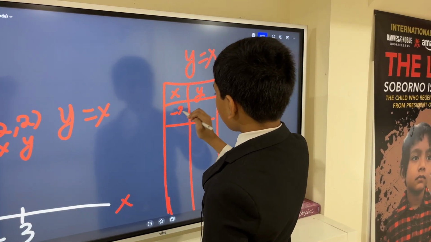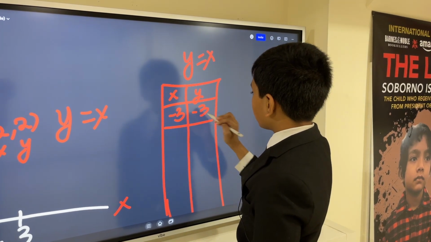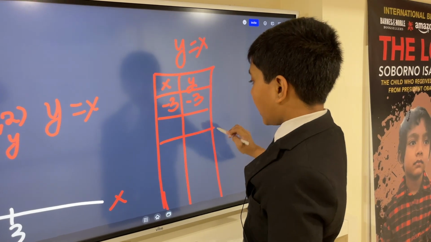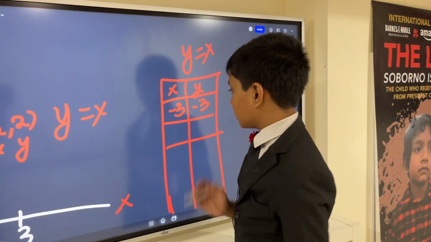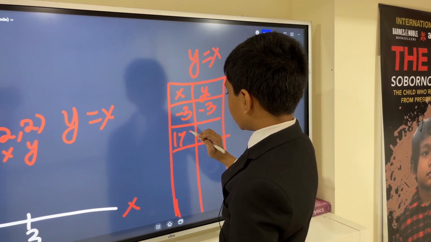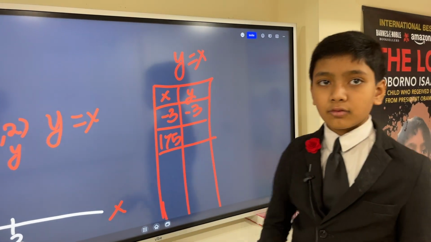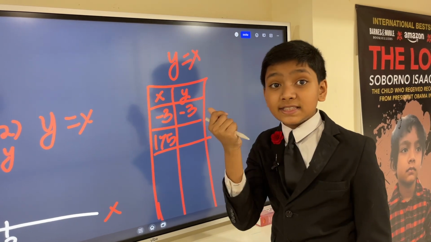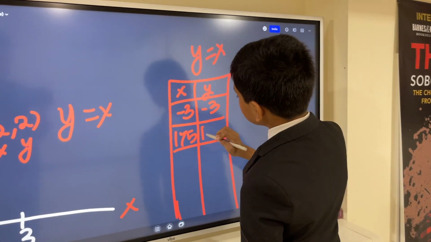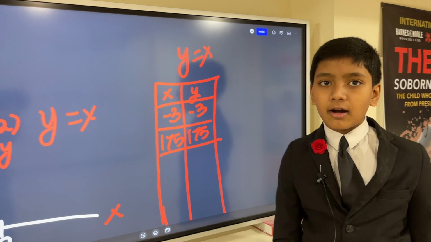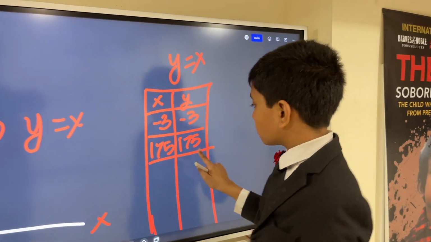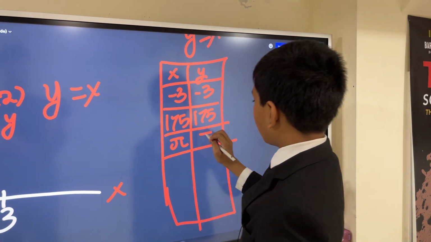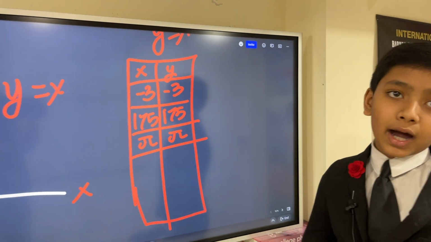At -3, y would be -3. You can expect this because y is always going to be equal to x. So if I have, for example, 175 for x, then since y is equal to x, I already know instantly y is also going to have to be 175. Anything will follow this pattern. If x is pi, y is pi.